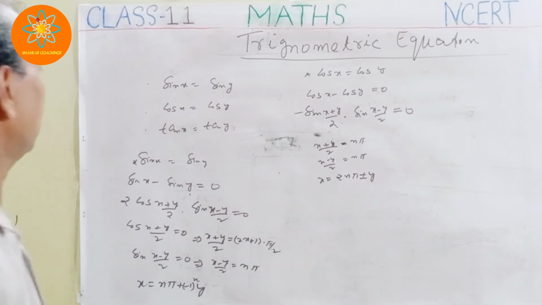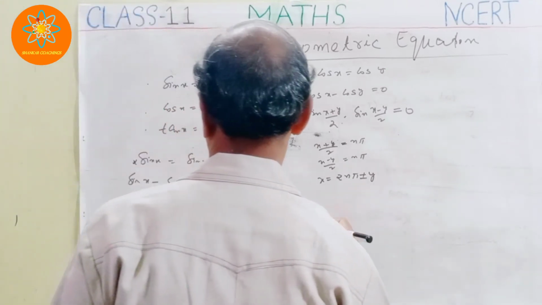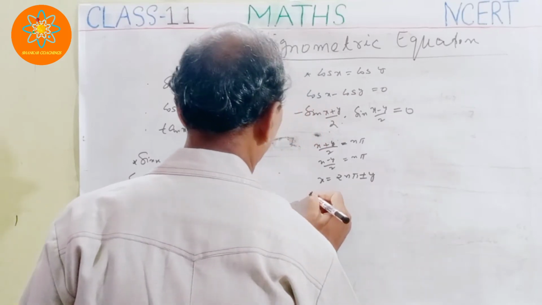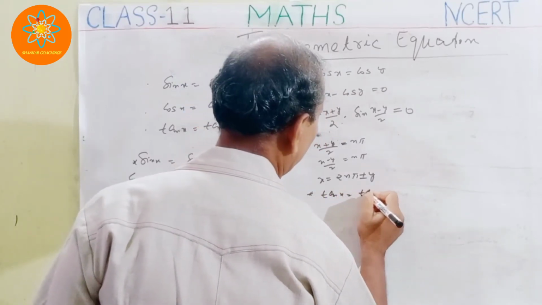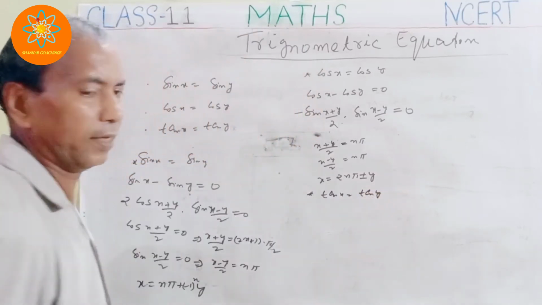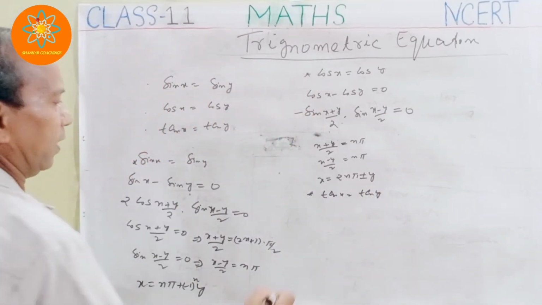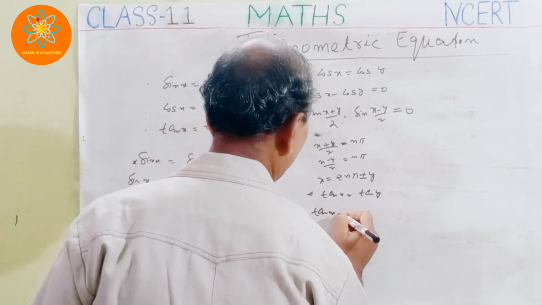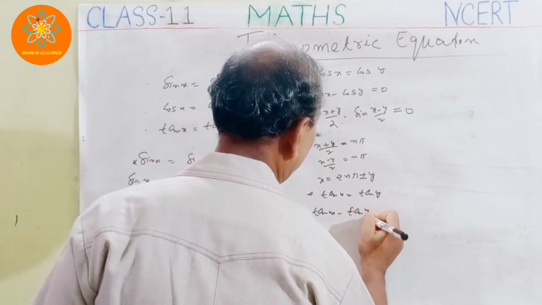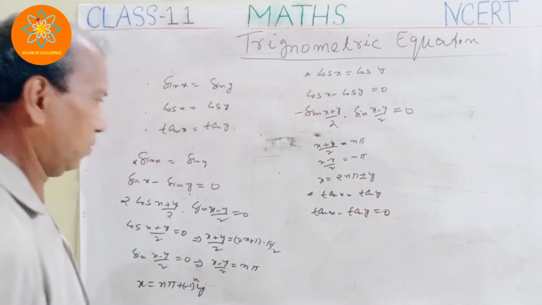Now the last one is tan x is equal to tan y. So I can write it tan x minus tan y is equal to 0.